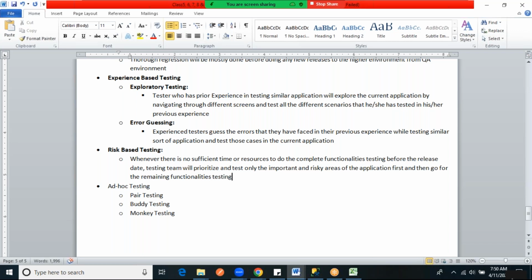Okay, this is what risk-based testing is. Remaining functionalities testing if the time permits.